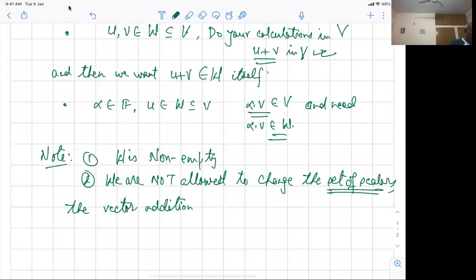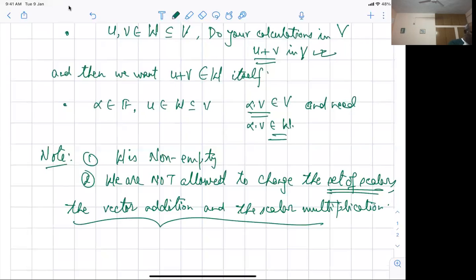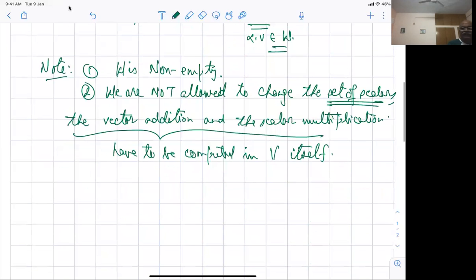It has to come from V addition and the scalar multiplication. All right. So I'm not allowed to change it. These two things have to be computed in V itself. All right. This is very, very important. You cannot change things. Fine. So let's look at examples.